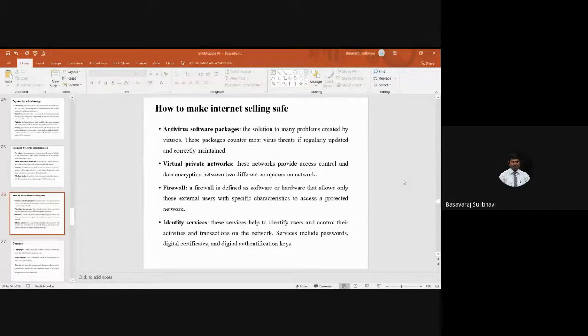Okay, next we have how to make any internet selling safe. Even in the last class I reminded you people that this module 6 is very vast, and I will be dealing with it over 3 to 4 classes. The same thing will be for your presentation.